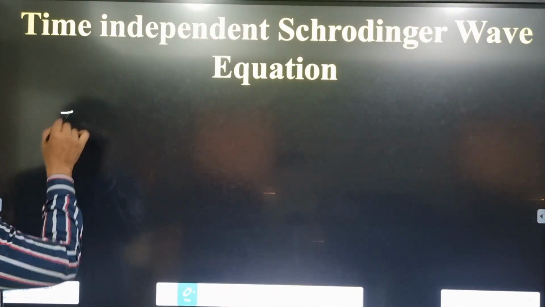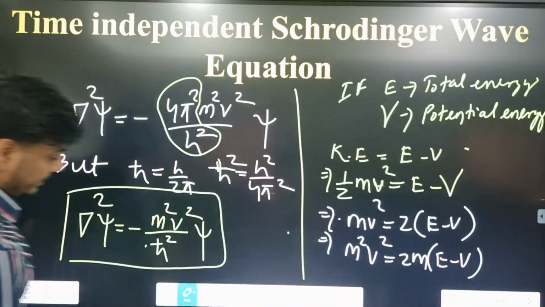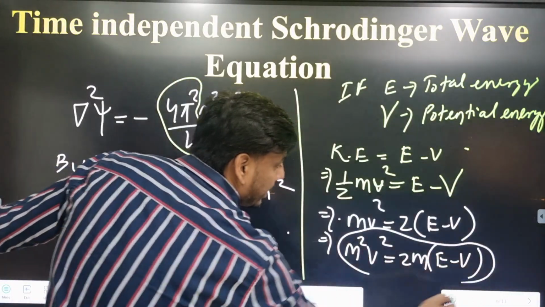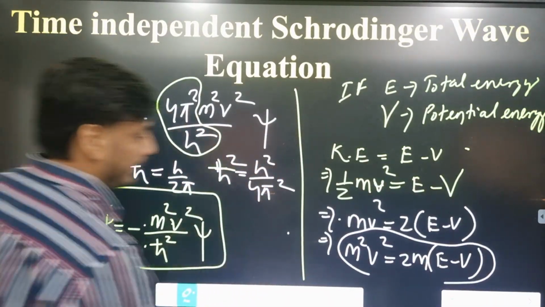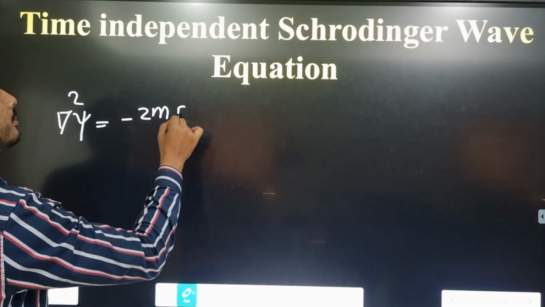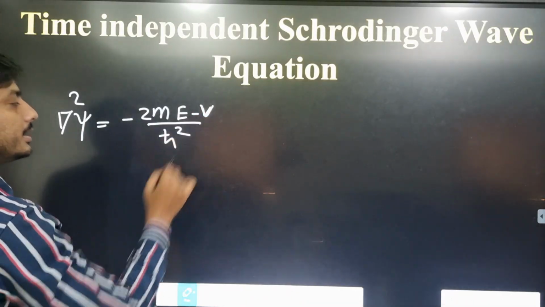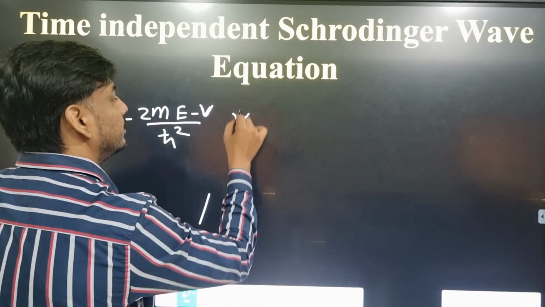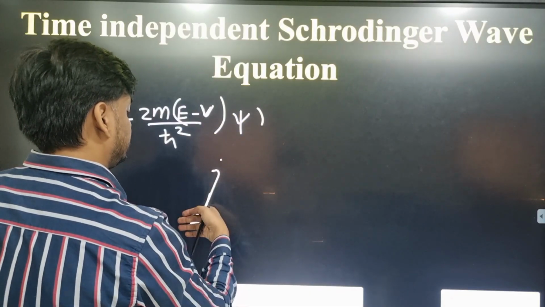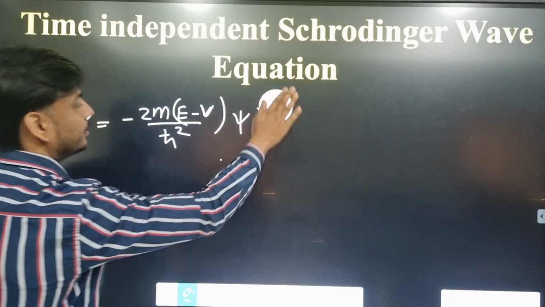So if we use that, we will get del square psi equal to minus, see here, m square v square, but in place of m square v square we can write 2m E minus V by h cross square, whole into psi.